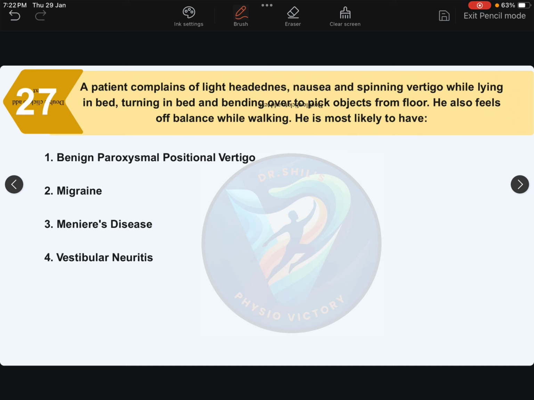He is most likely to have option 1, benign paroxysmal positional vertigo, option 2, migraine, option 3, Meniere's disease, option 4, vestibular neuritis. Here the correct answer is option 1, benign paroxysmal positional vertigo, or BPPV.